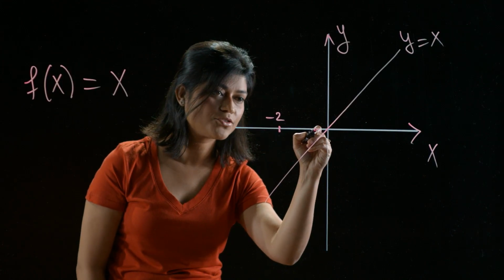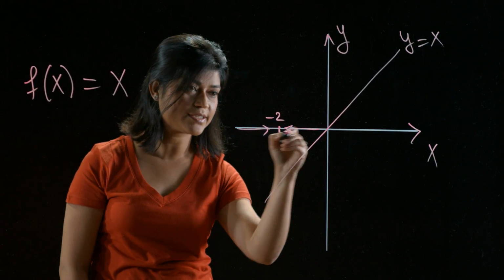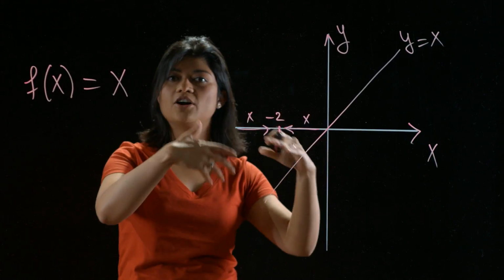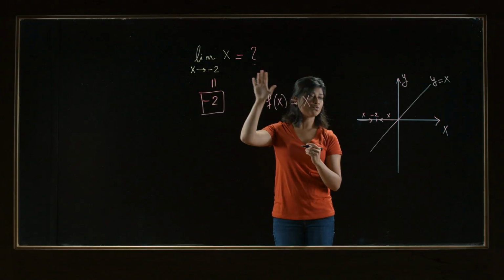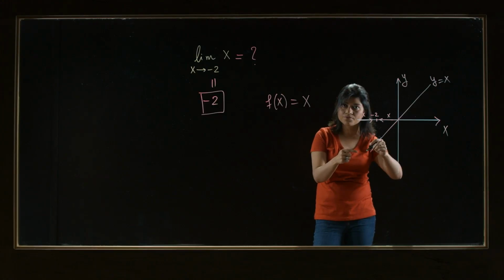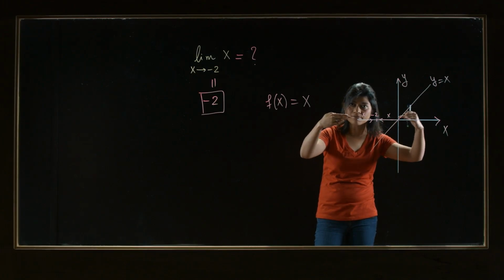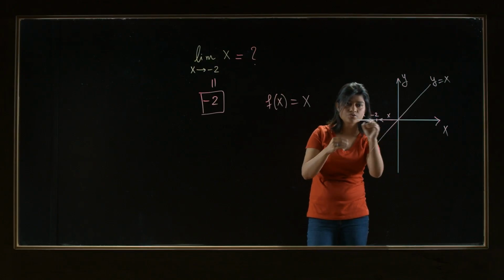So x is like traveling on the x-axis from the right-hand side and the left-hand side. That's the concept. Now, to evaluate a limit, what we really need to see is what is happening to the function itself when x is traveling on the x-axis. So x is taking values close to -2.